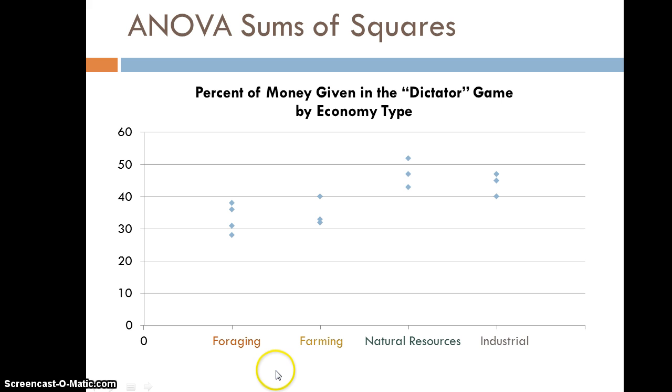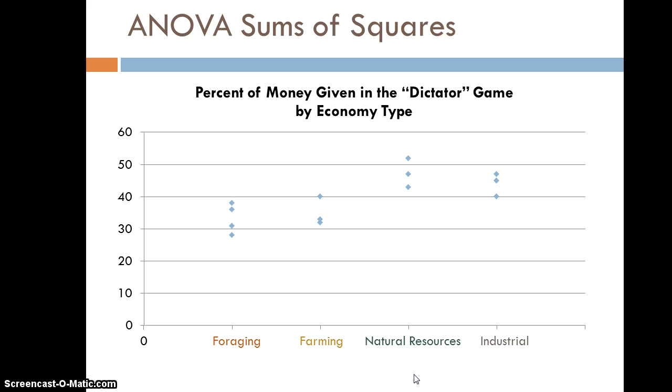So here is another way of viewing analysis of variance sums of squares. What I've done here is plotted, for each different type of cultural group, where they have a foraging economy, a farming economy, a natural resource economy, or an industrialized economy, participants who participated in some sort of game in which they were given control over how they can distribute any money that they have.